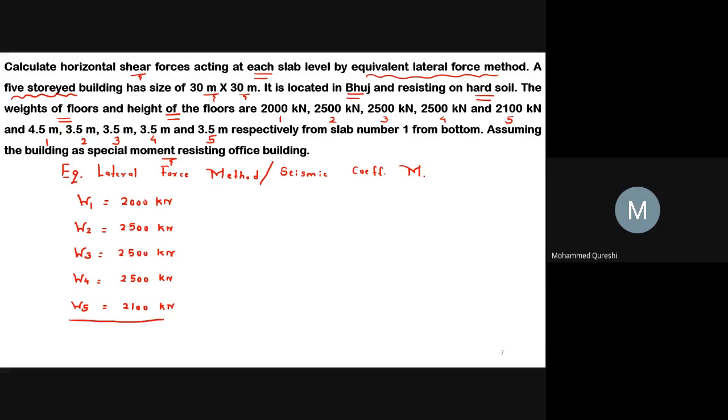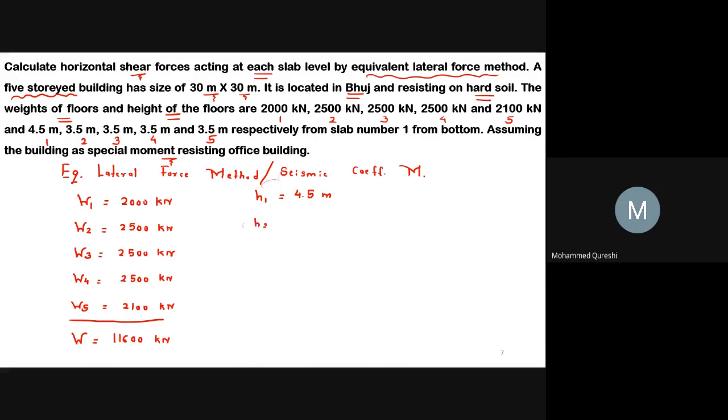So from here we will get the total weight of the building as 11600 kilonewton.